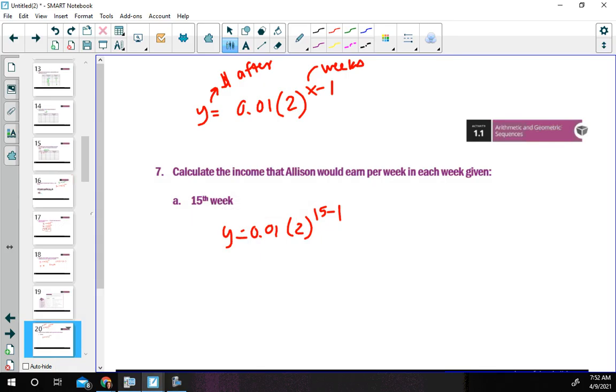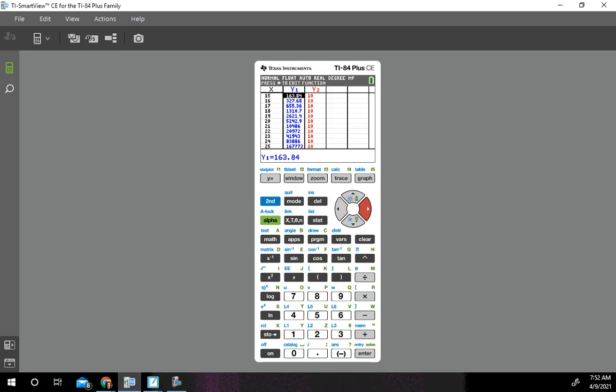So this one we're going to get $163.84. Please make sure you get that change in there. So if you do one that's a little bit lower, like this one here, make sure you actually scroll over, and it will give you that change. Okay, so go ahead and find the next two. Pause the video, find the next two, and then I'm going to state what the answers are.